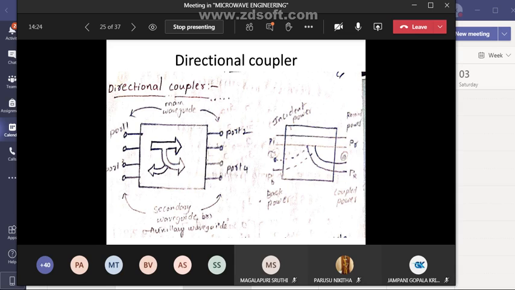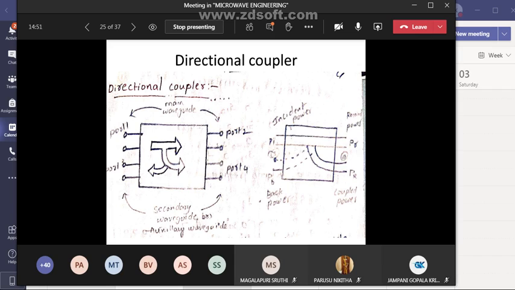So the directional coupler is used to measure the incident power, reflected power and SWR values. It is a 4-port waveguide junction consisting of 2 waveguides, one main waveguide and the second one an auxiliary or secondary waveguide.